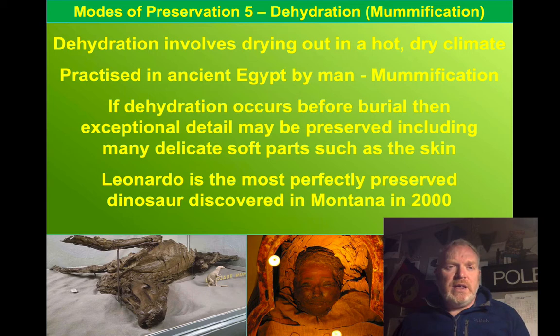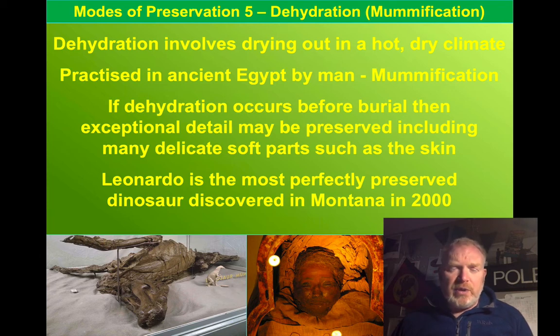Another example is mummification. Mummification is literally dehydration. If in the desert environment, an animal desiccates, it dries out before it gets buried, we can see features like skin, perhaps internal tissue preserved.